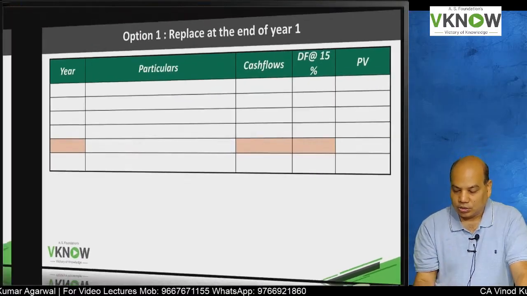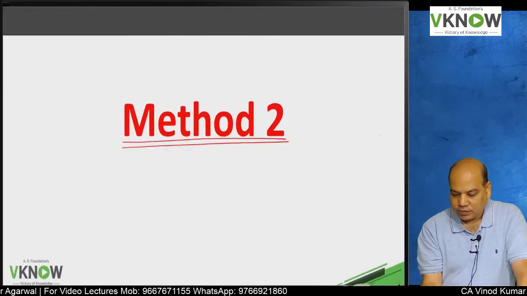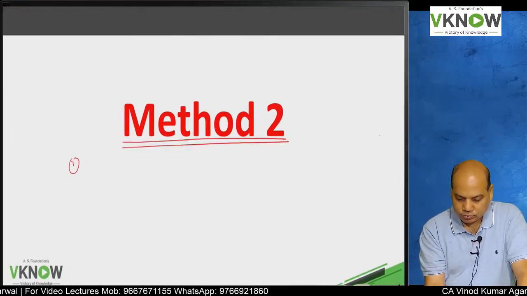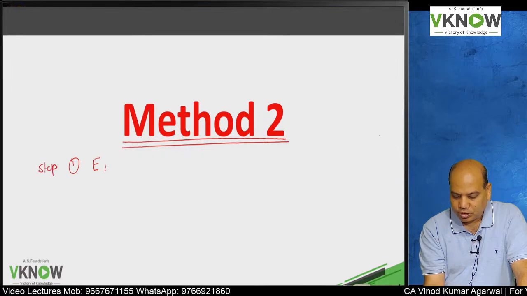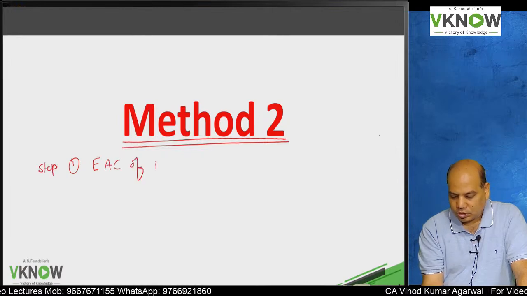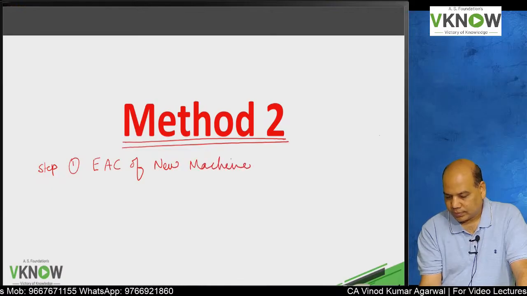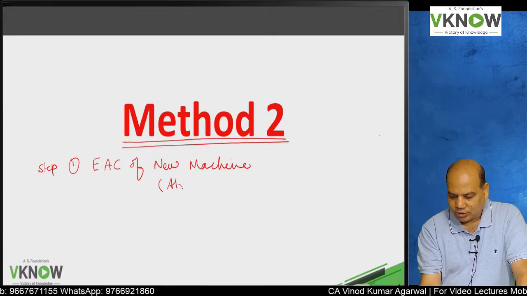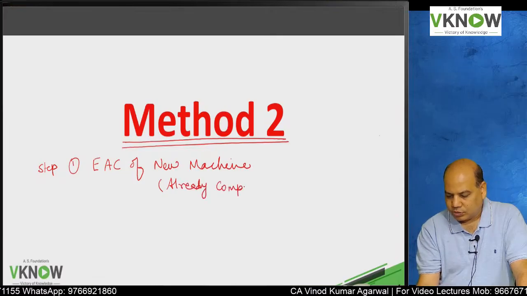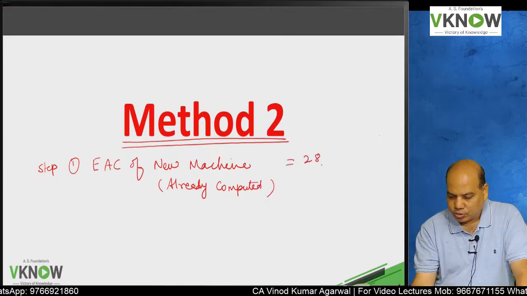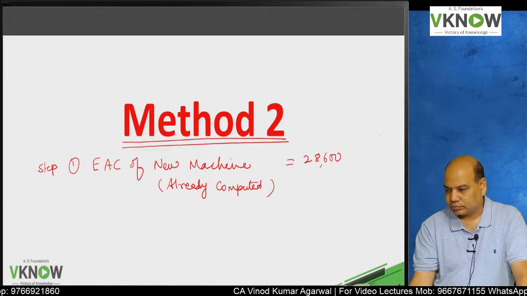In method 2, what will I do? First I will compute. Write down step 1. Compute EAC of new machine. Already calculated. Otherwise in the exam, first you will compute EAC of the new machine, which is equal to 28,600.